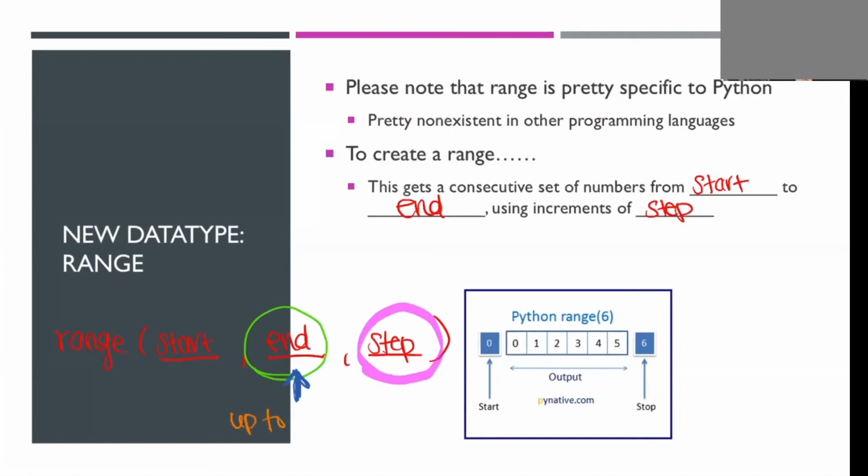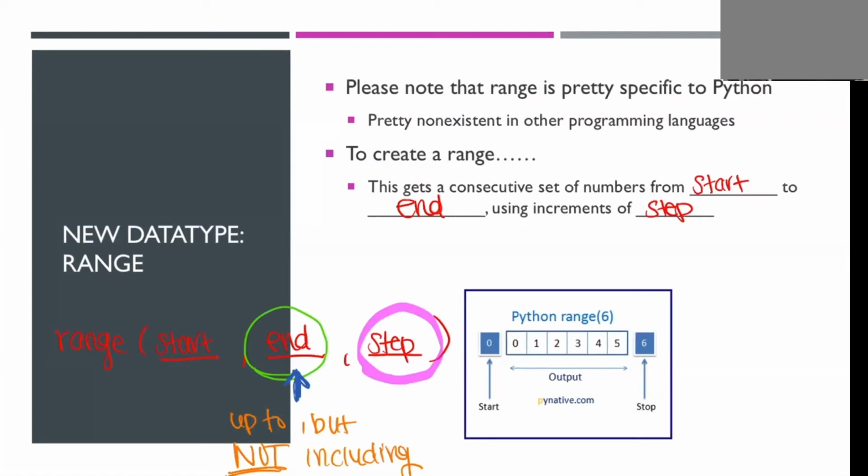Up to, but not including, end. So you're going to count all the way up to that number, but you don't actually include that very last number that is written right there.